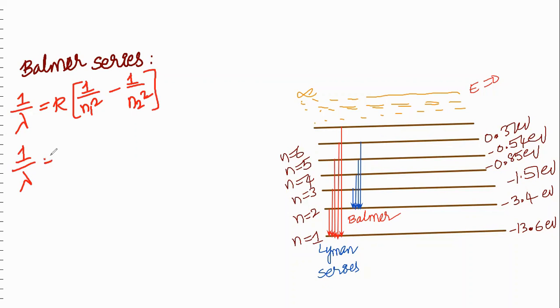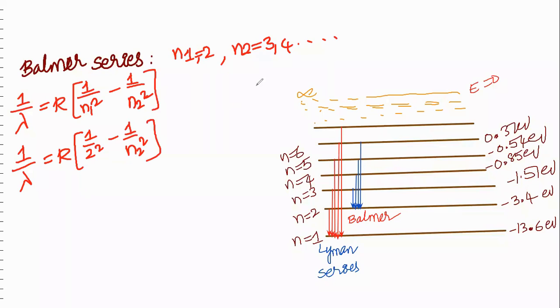So 1 by lambda is equal to R into 1 by 2 whole square minus 1 by n2 square. Next, this is the Balmer series. The next one is the Paschen series.